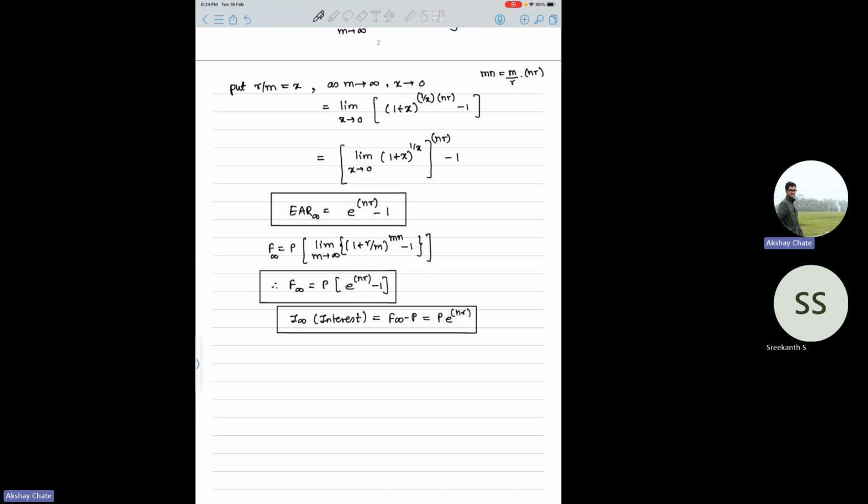So that is one thing. You can do this derivation in another way also, starting from this F, but in the end you have to take the limit somewhere, and you'll get this form where you have (1 plus x) power 1 by x when x tends to 0. That is e, and e is a constant.